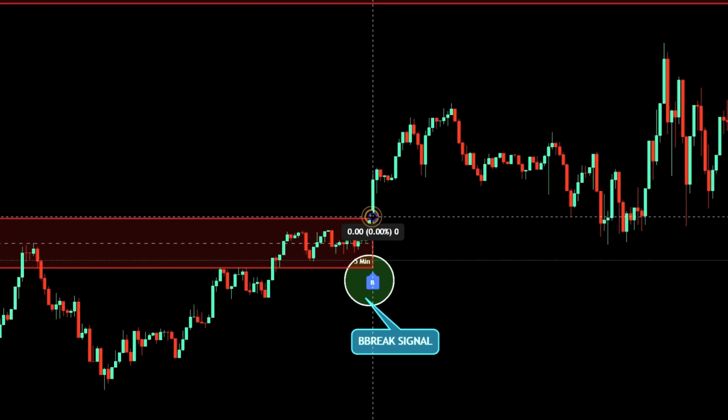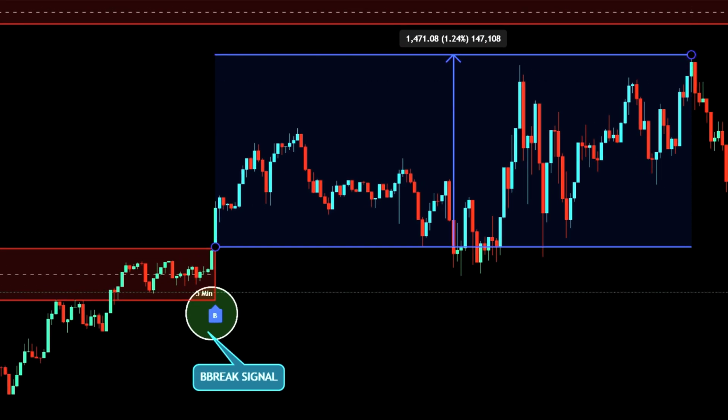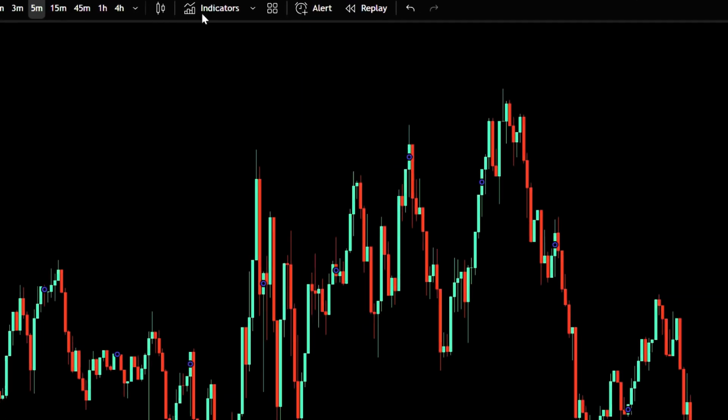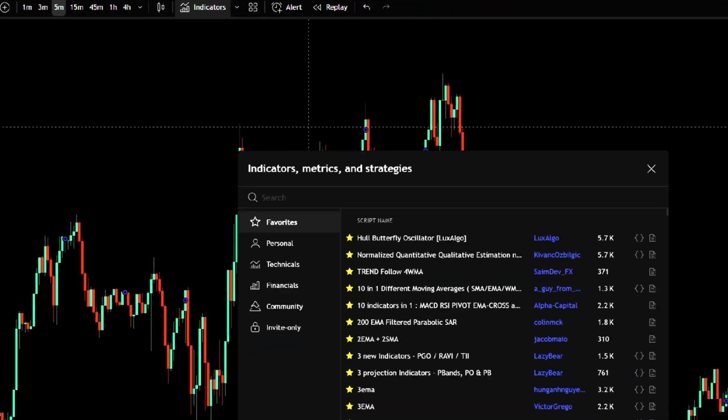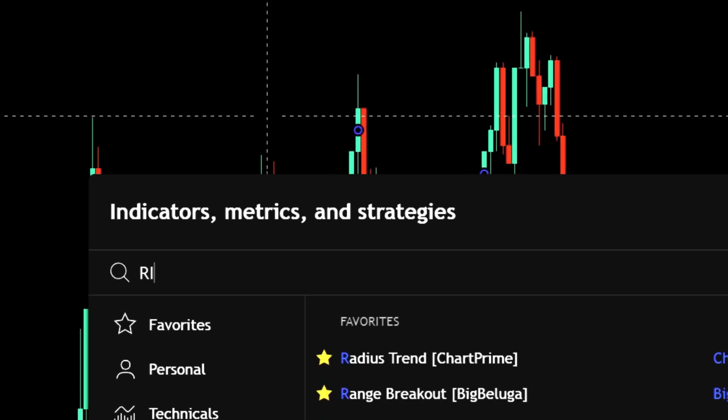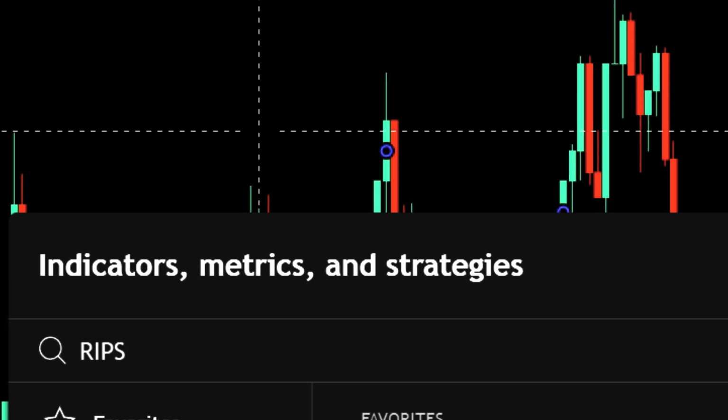layer, a trend filter. We need to know which way the big money is flowing. Go back to the indicators. Search for Rapster EMA clouds and add it to your chart.